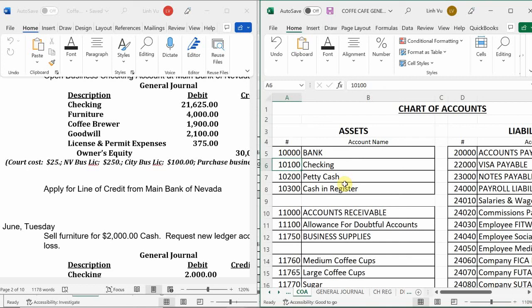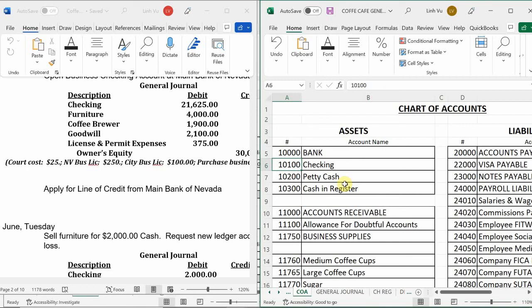It would be your checking. Yes. Every dollar that we earn, we're going to deposit into our checking account. So that's exactly what we're going to do. Good.